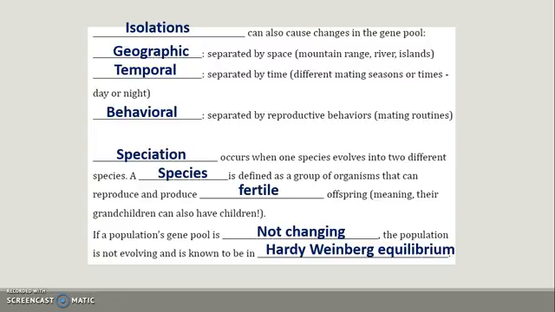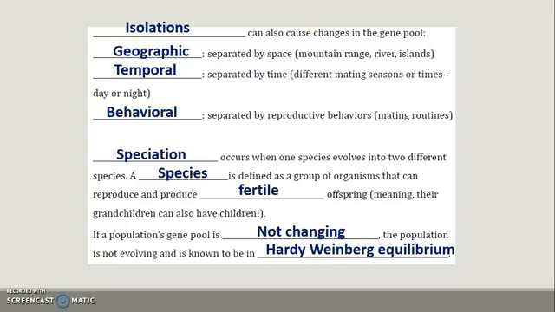A species is defined as a group of organisms that can reproduce fertile offspring together. So humans, we are all the same species because we can all reproduce together. It doesn't matter what race you are, as long as you're a human being, you can mate with another human being. Same thing with dogs. Dogs are the same species. That's why as long as you're a dog, you can mate with another dog.